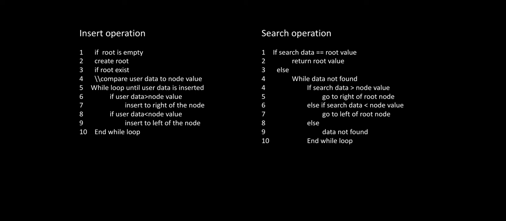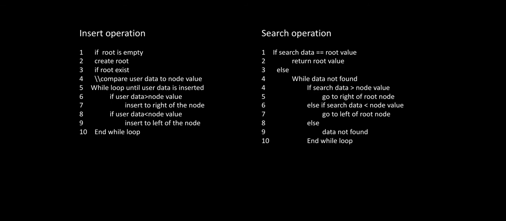Using a while loop until user data is inserted. If user data is greater than the node value, insert to the right. Like I said a while ago, if the inserted data is a greater value than the root, or any node, the user data is inserted to the right of the node.